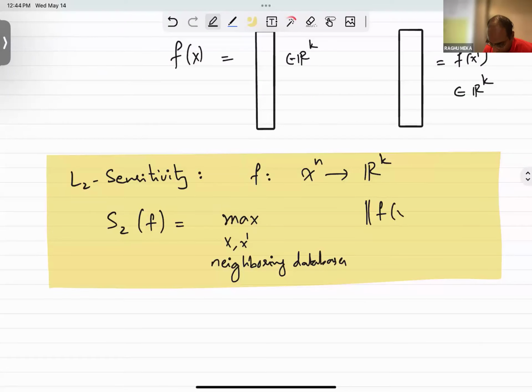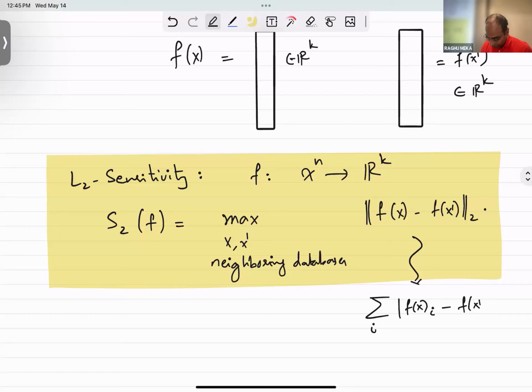What's the distance between these two vectors in two norm? And in some applications, especially for high dimensional data sets, the 2 norm is a much better metric to use.